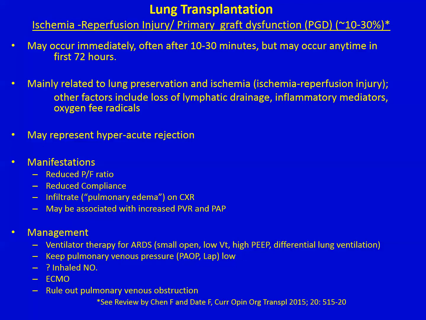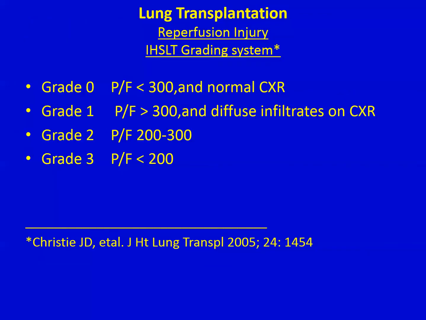This is thought to relate to lung preservation and ischemia, and I've pointed to a review article that might be helpful. Some of the manifestations are reduced PF ratio, reduced compliance, appearance of an infiltrate, and increased pulmonary vascular resistance and pressure. And I've summarized some of our therapeutic options. The degree of reperfusion injury has been classified by the international organizations as outlined on this slide.